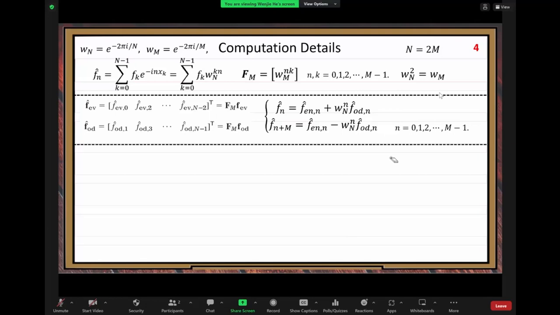In class, I just gave you the formulas, but how to derive and how to apply these formulas, I didn't cover in class. Here, I estimate about 30 minutes, I will explain two things.